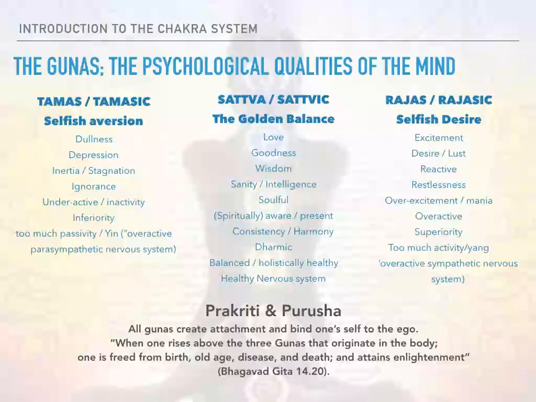Sattvic, which is the golden balance. That is when, going back to what is the chakra, our physical, emotional, mental body is working in the way it is designed to work, when we are in the best place. So that is all about the positive characteristics of the chakras.